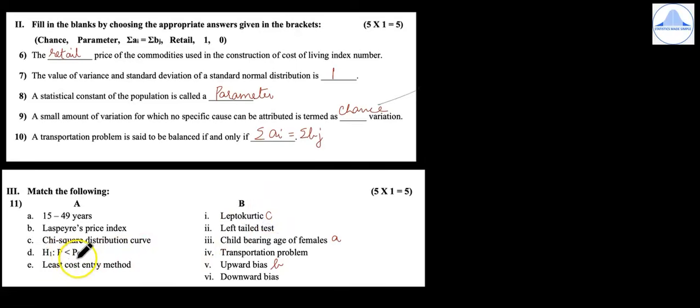H1 P less than P naught is a left-tailed test. Then the least cost entry method, it is also known as the matrix minima method, and that is a solution for the transportation problem. So this is option E.